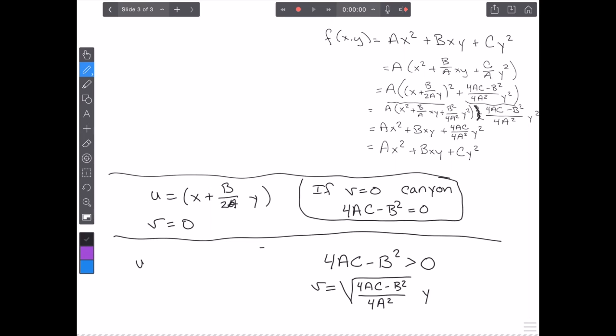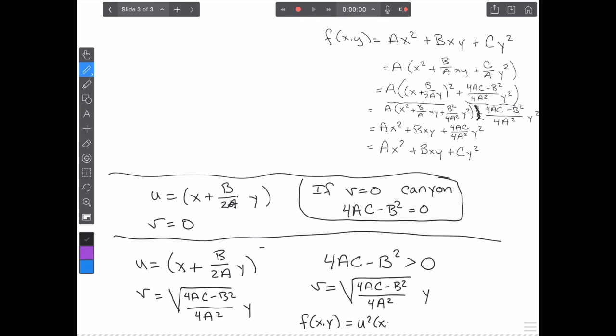So in this case, we'll always have u equals x plus b over 2a times y, and v is equal to the square root of 4ac minus b squared over 4a squared times y. In this case, I was able to write my function as f of xy equal to u squared of xy plus v squared of xy. So this is a bowl.